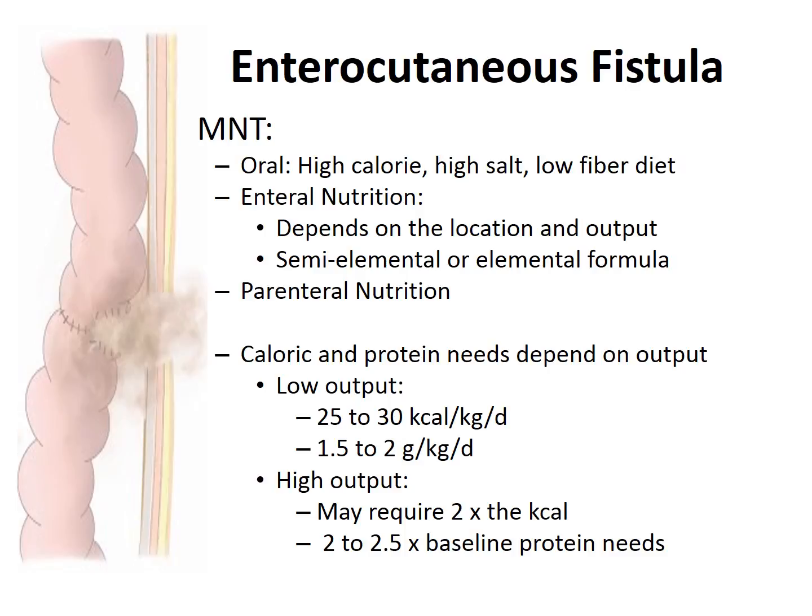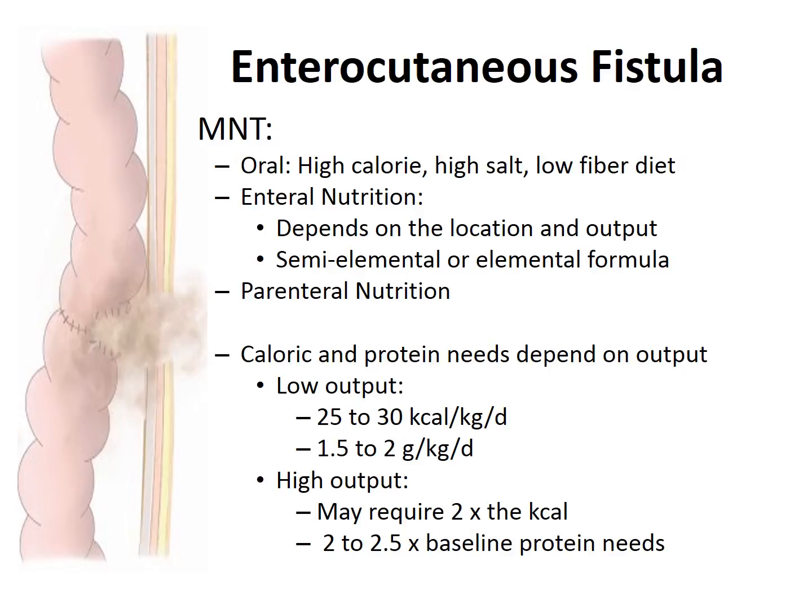I've given here a caloric and protein needs guideline that was used in a research review. For low output, they note to use 25 to 30 calories per kilogram per day, and for protein, 1.5 to 2 grams per kilogram per day.